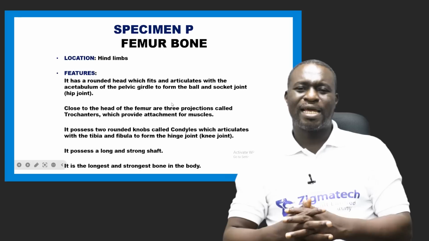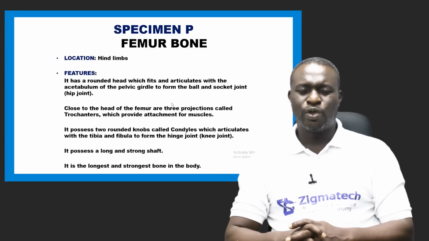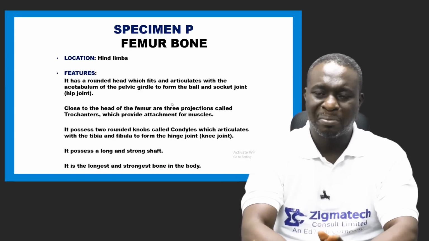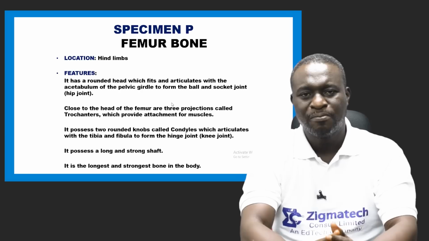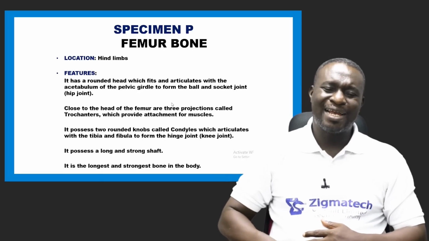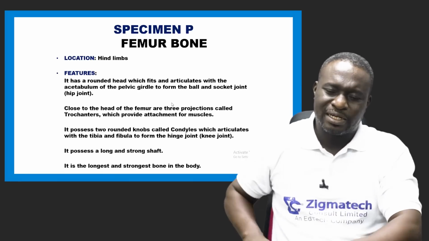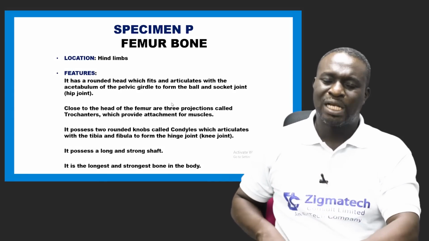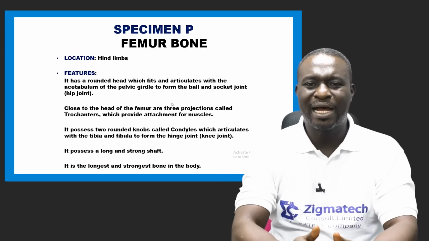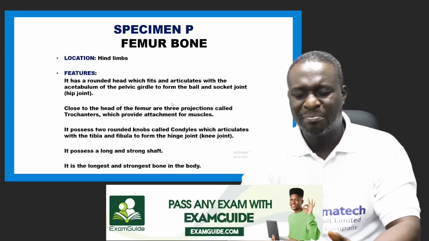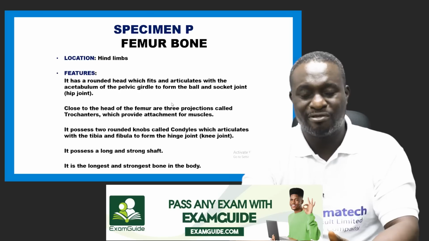Now, the next one is specimen P, which is femur bone. Remember we just finished talking about the humerus. Now, the femur bone is located at the hind limbs, which is the leg. The hind limbs consist of a long bone, which is the femur, and after that we have the tibia and fibula, which are two bones found immediately after the femur.